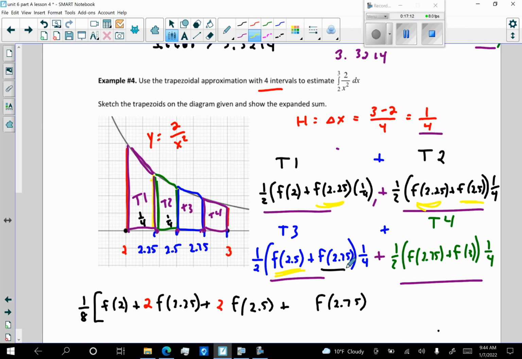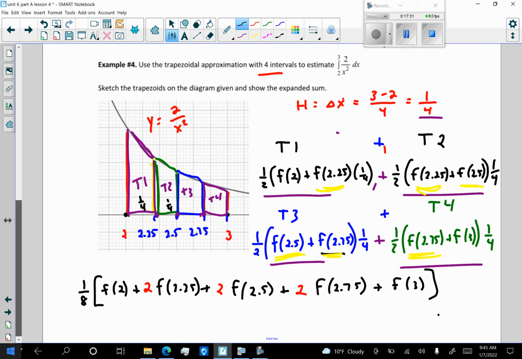And how many of those do I have? I have 2 of those as well. So I'm going to add 2 of those rascals. And then the last one, I only have 1 of this f of 3. And that's going to give me my approximation for that.